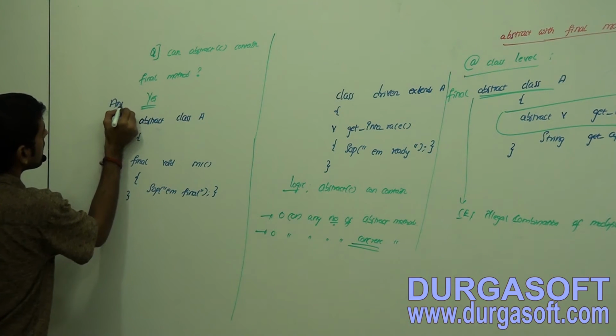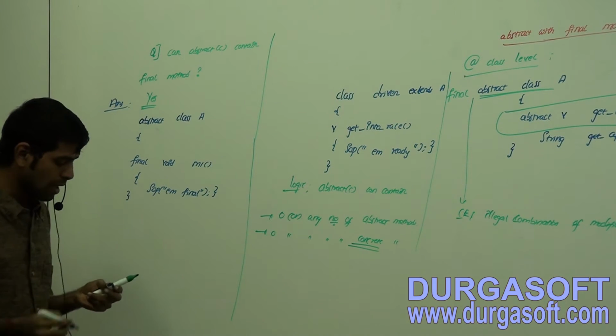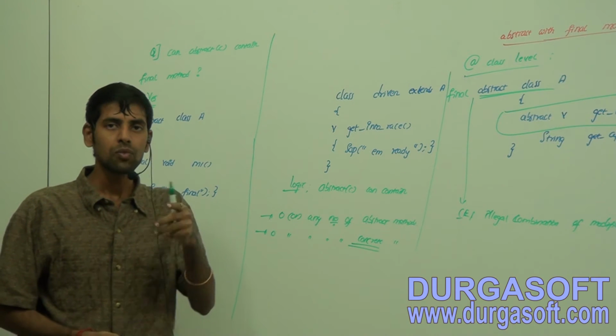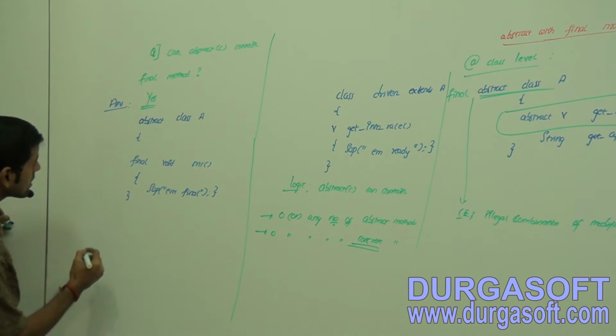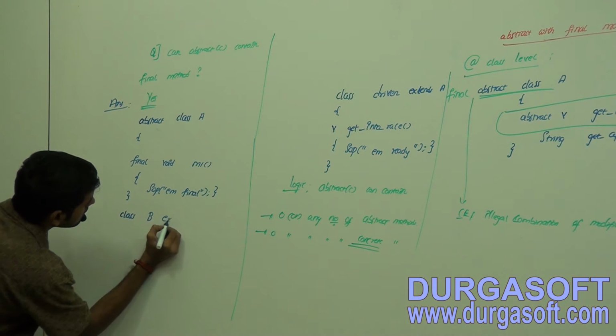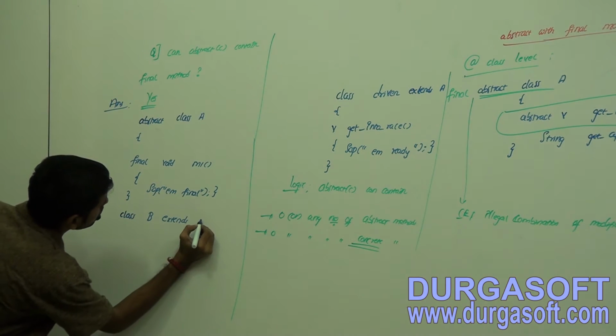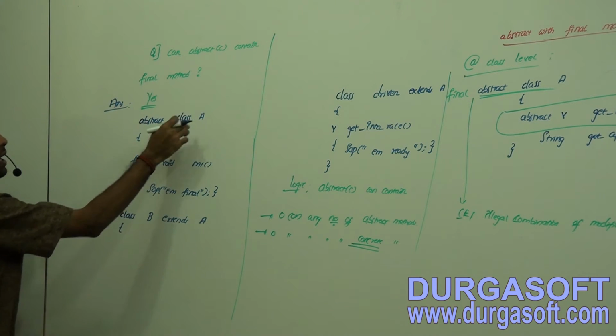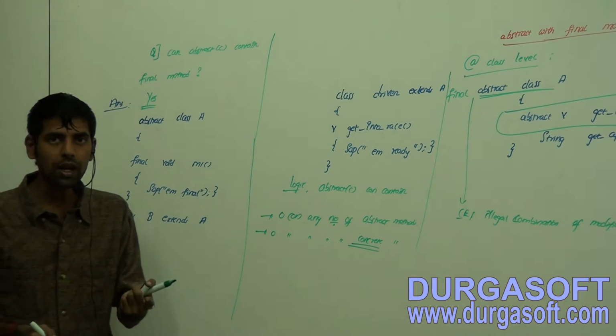Now one of my friends has come and he is creating a child class. Class B extends what? Class A. B is child to class A, which is an abstract class.